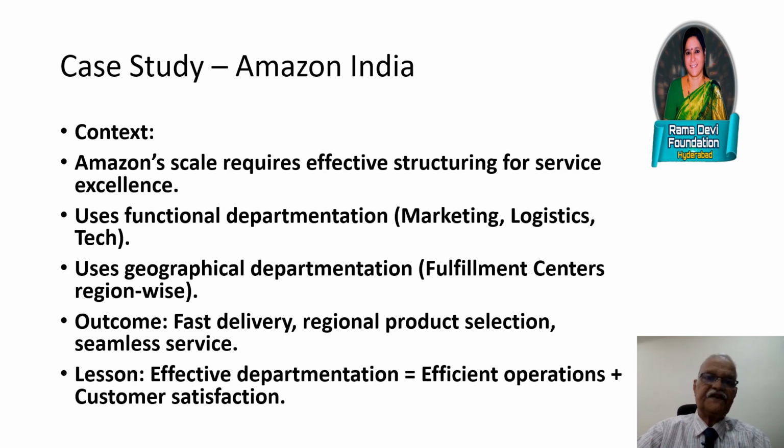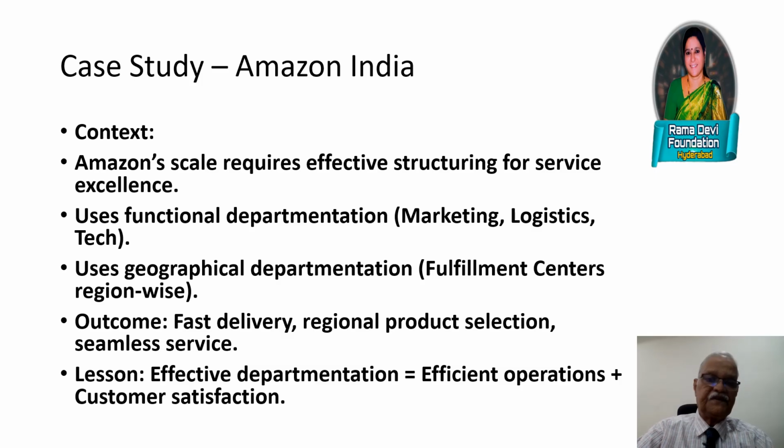Let's look at a case study of Amazon India. The context: Amazon's scale requires effective structuring for service excellence. It uses functional departmentation like marketing, logistics, technology, etc. And it uses geographical departmentation, fulfillment centers, region-wise.